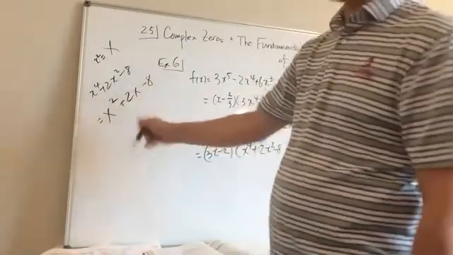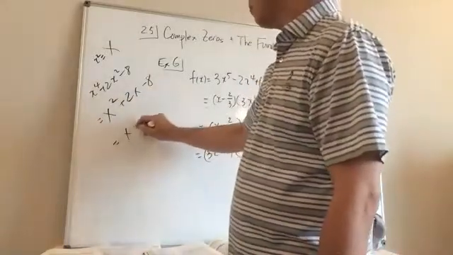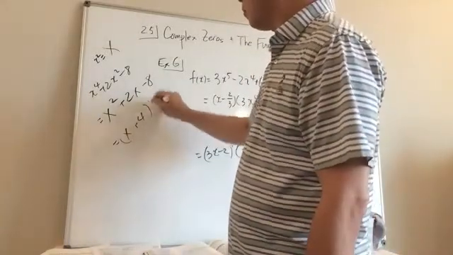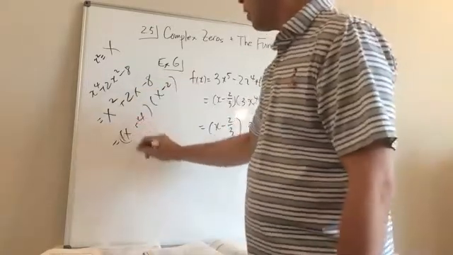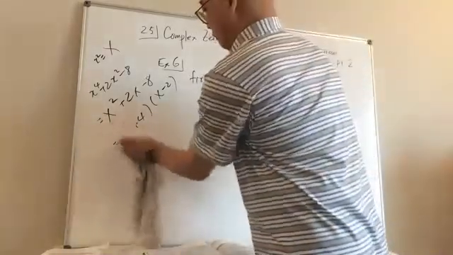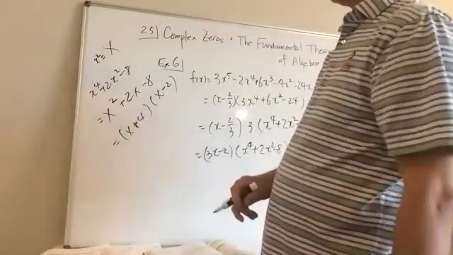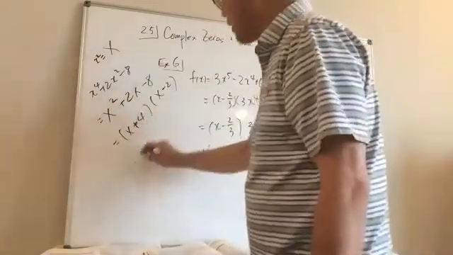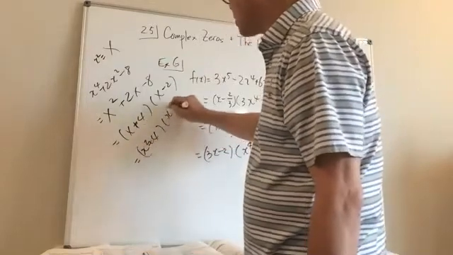Not only is it a quadratic form, it's a quadratic form that factors. So I put the x back in, and I get x squared plus 4 times x squared minus 2.